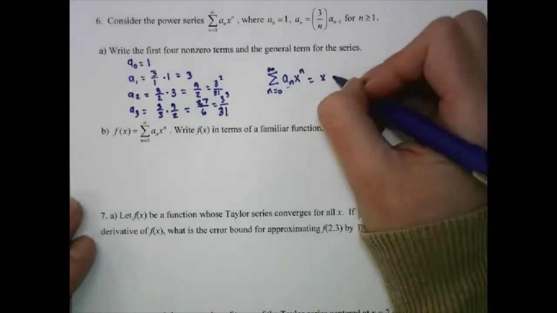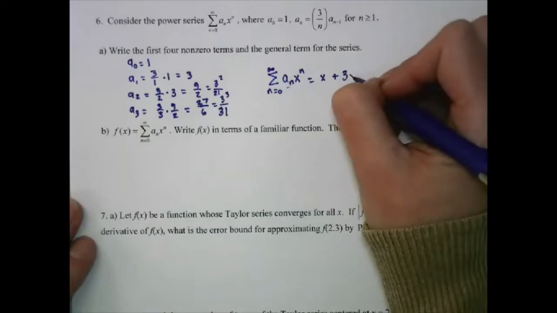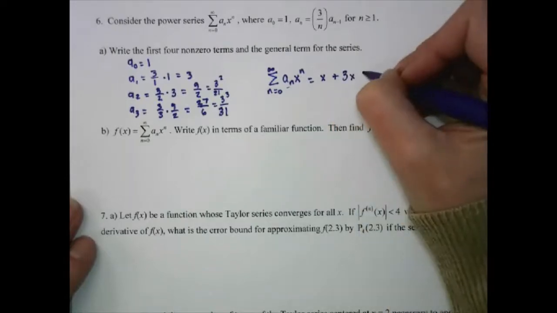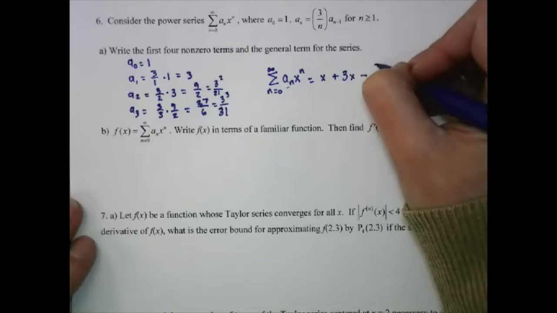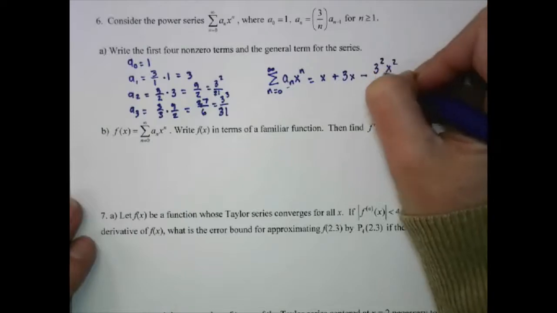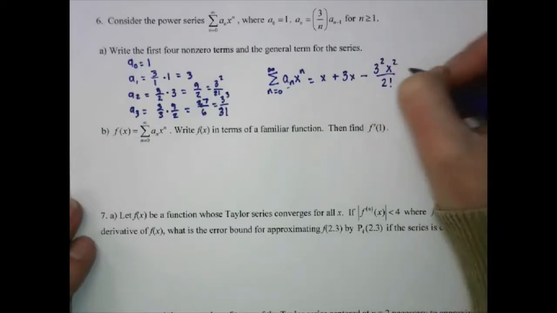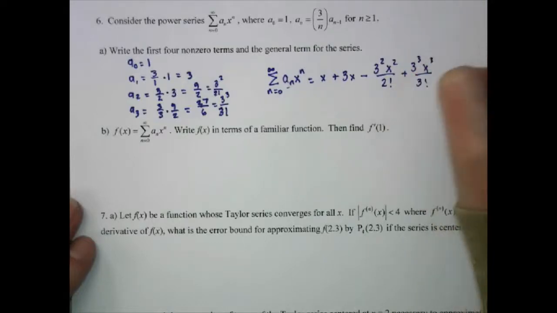So we're going to have x plus 3x minus 3 squared x squared over 2 factorial plus 3 cubed x cubed over 3 factorial.